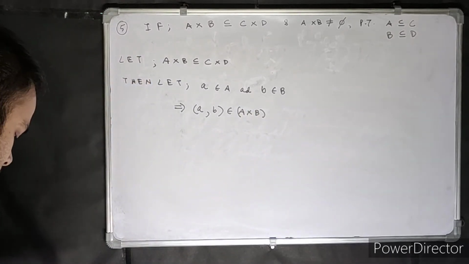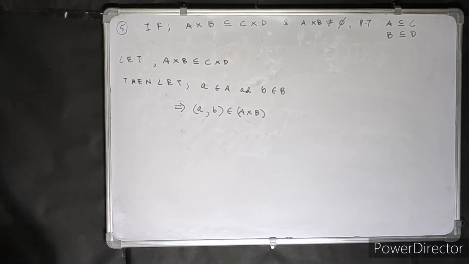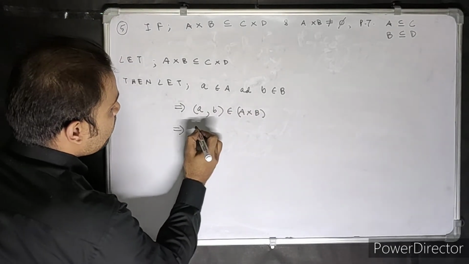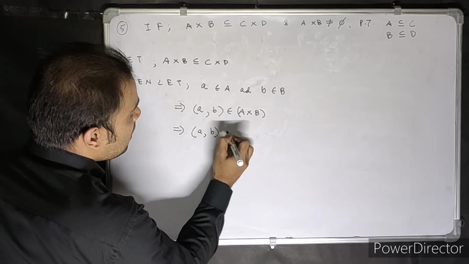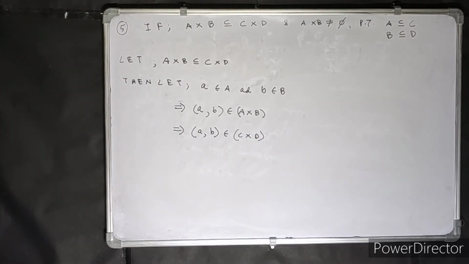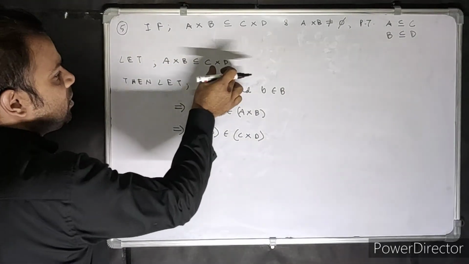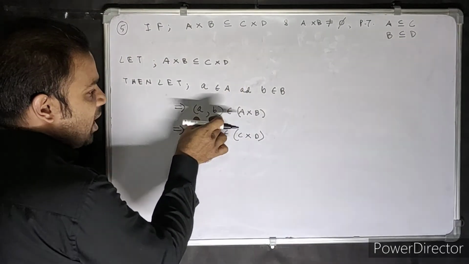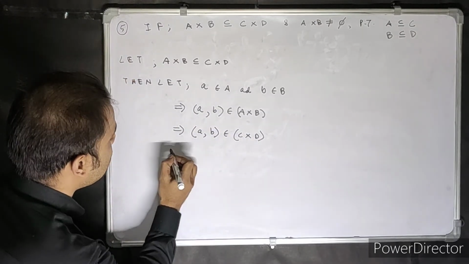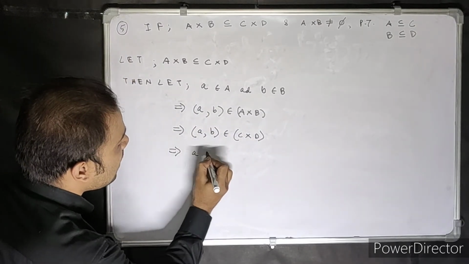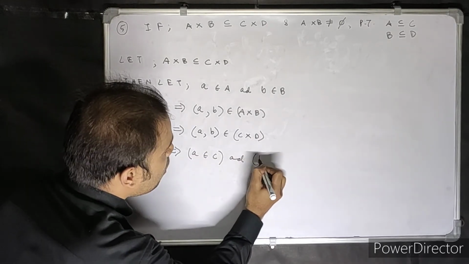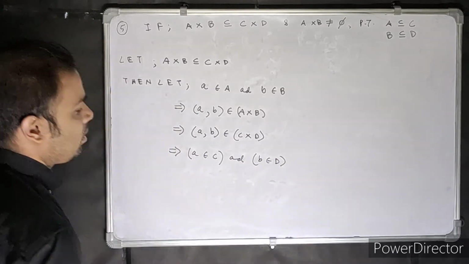Why? Because that's the coordinate. Now from here, it implies that (a, b) belongs to C cross D, right? Why? Because A cross B is a subset of C cross D. So if (a, b) belongs to A cross B, it also belongs to C cross D. Simple explanation. Which implies that a belongs to C and b belongs to D, right?